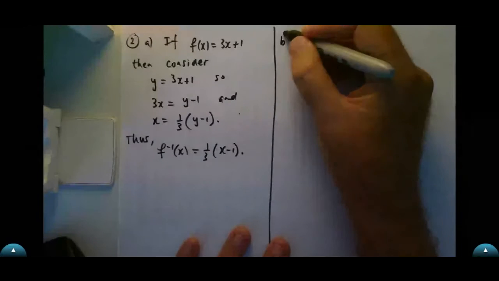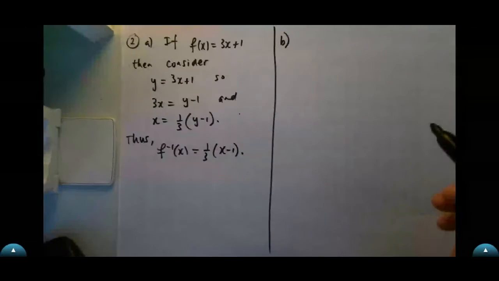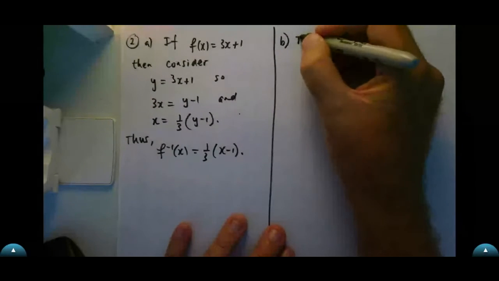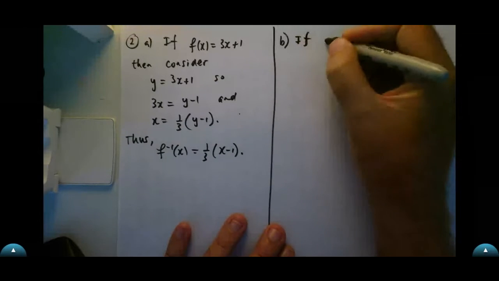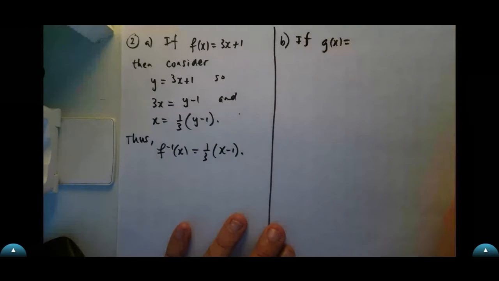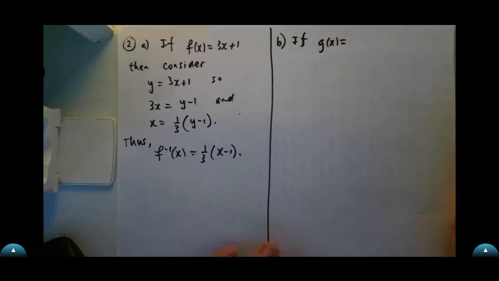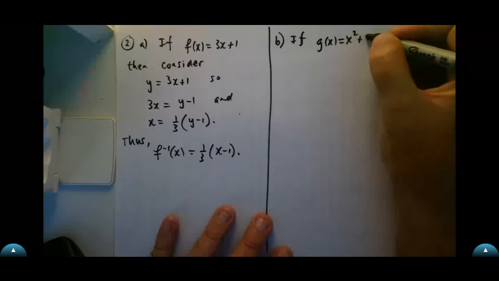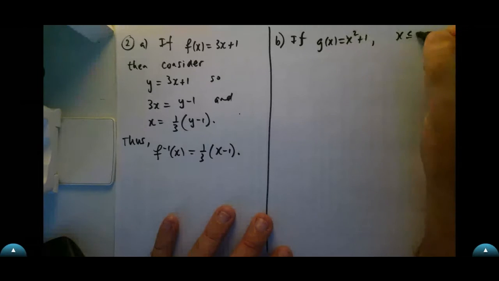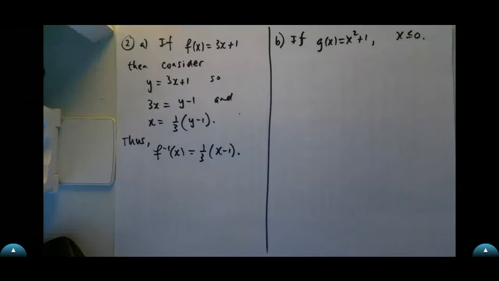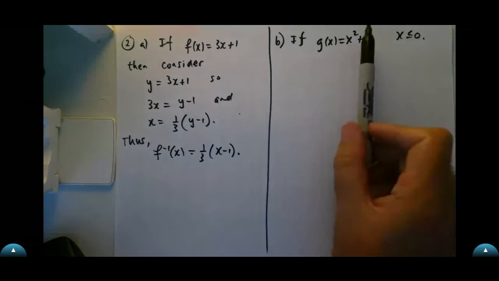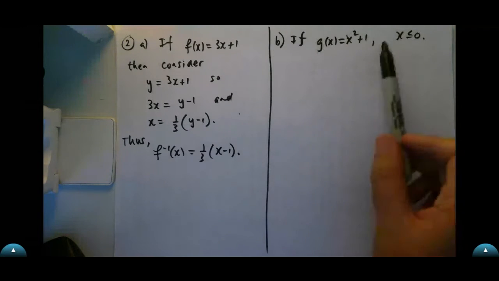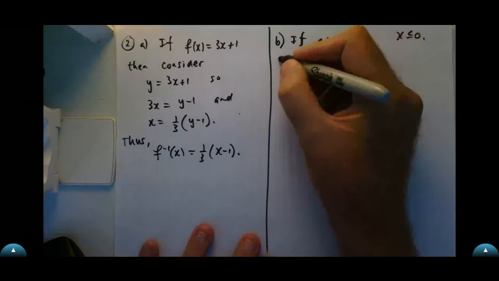What about part B for this question? I'm glad you asked. Now we have a function which is x squared plus 1, and x is less than or equal to 0. The question is, how do I compute the inverse?